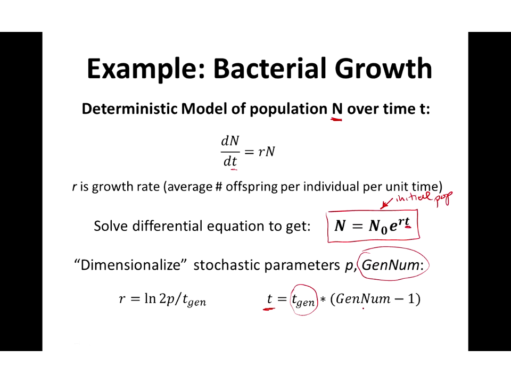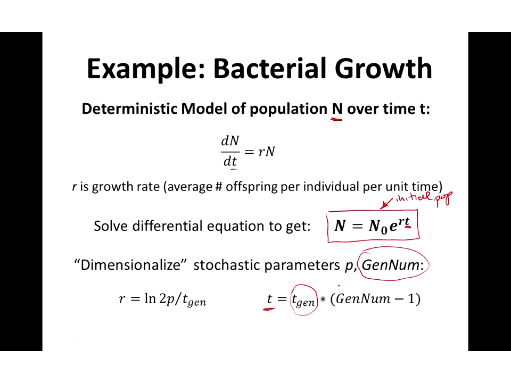And of course, the reason we have gen num minus 1 here is because the first generation is our starting population, and so 1 minus 1 is 0. In other words, initial time, or time equals 0, corresponds to our first generation that we start with, and so our second generation is created t-gen later, and so forth and so on for later generations.